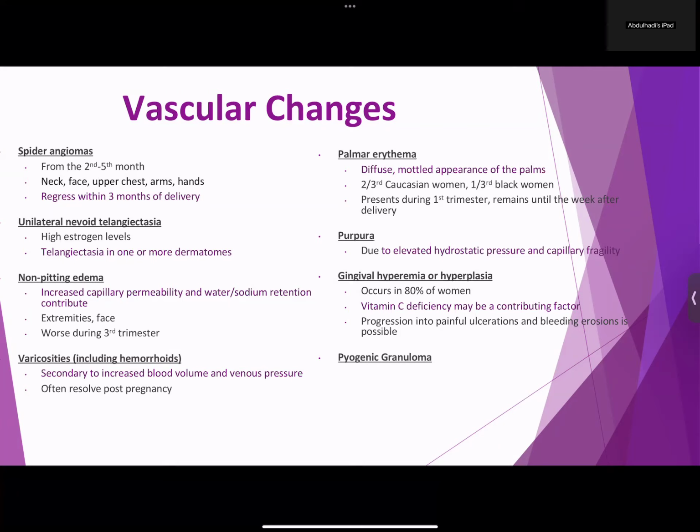We have to know the differential diagnosis: calcium channel blockers and infections can lead to gingival hyperplasia, but pregnancy is one of them. And then pyogenic granuloma as well, because it's another vascular thing. It's very common in pregnancy. I have seen so many pregnant ladies who get a trauma or pick at one of their pimples and develop pyogenic granuloma.